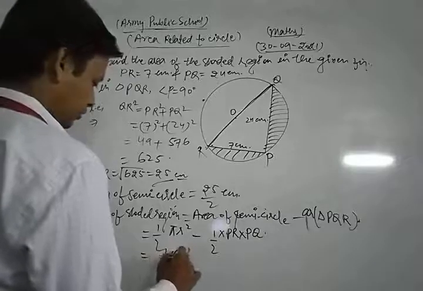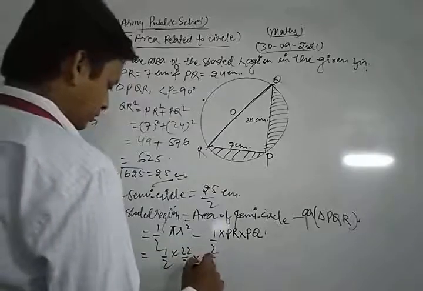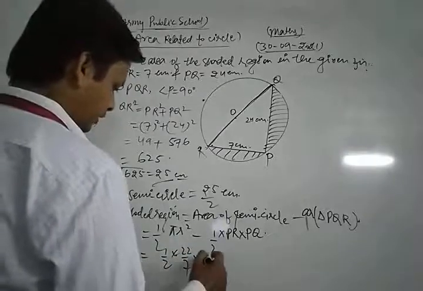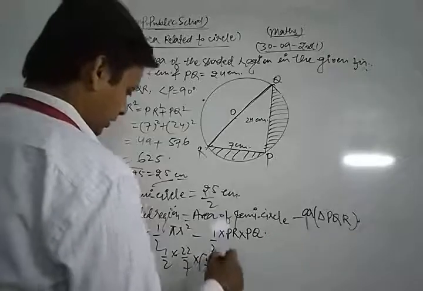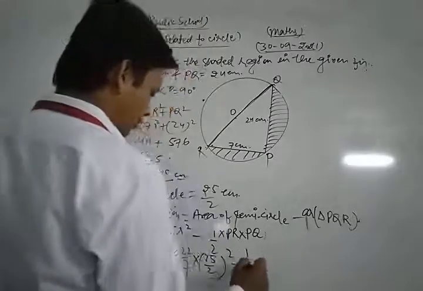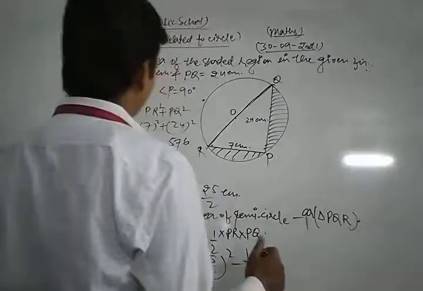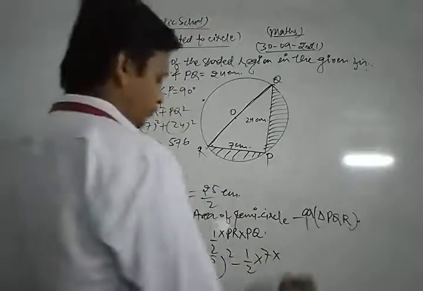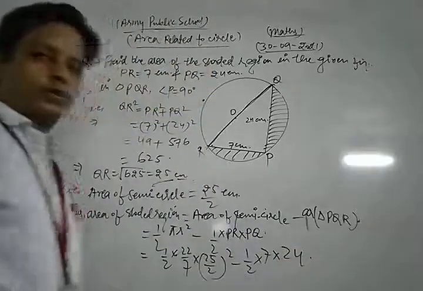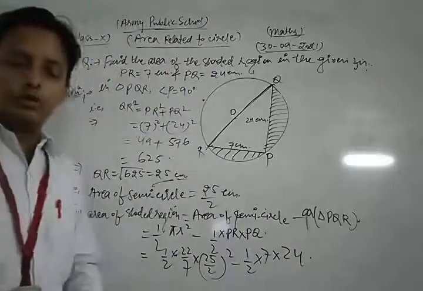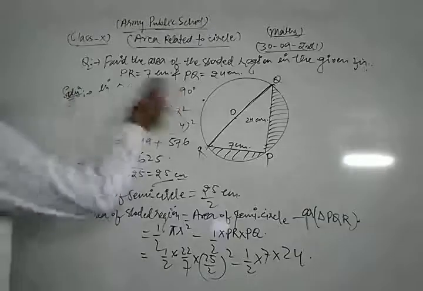1/2 into 22 upon 7 into 25 upon 2 whole square, minus 1/2 into base 7 into PQ 24. Now we simplify this.